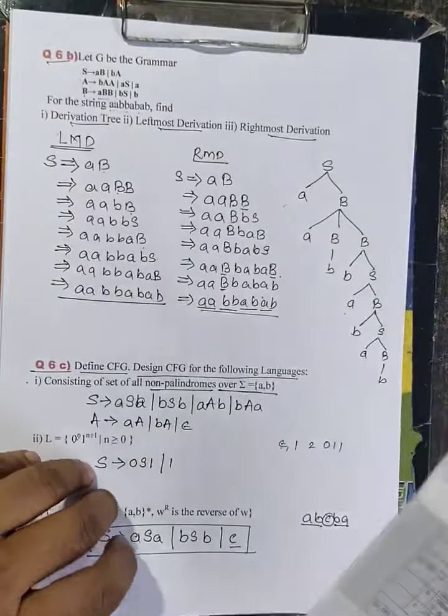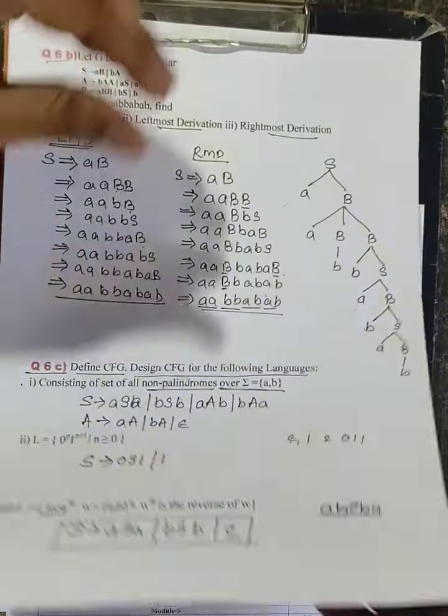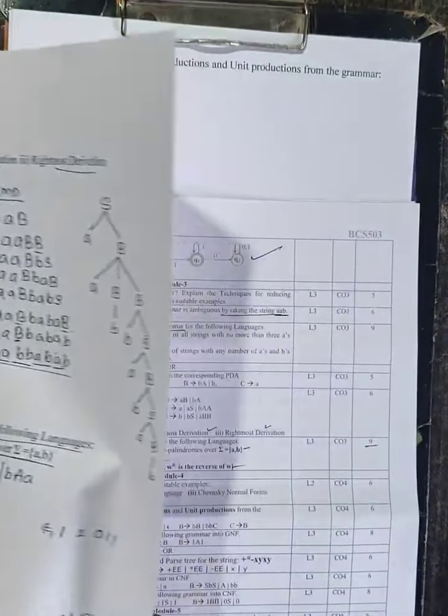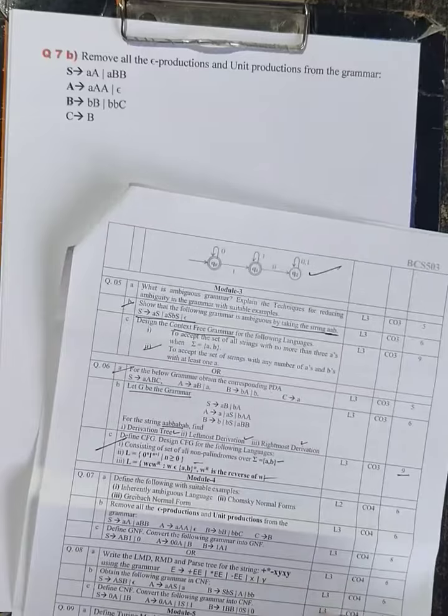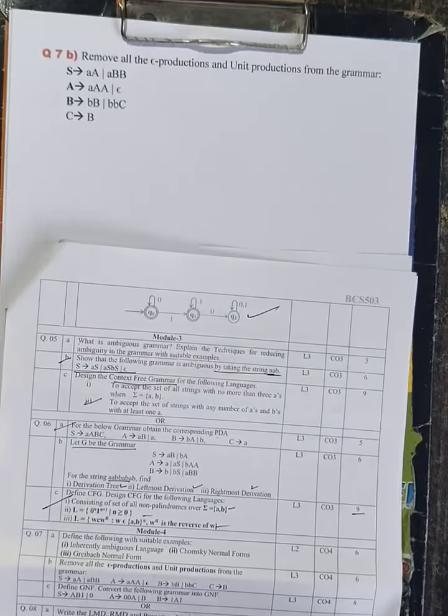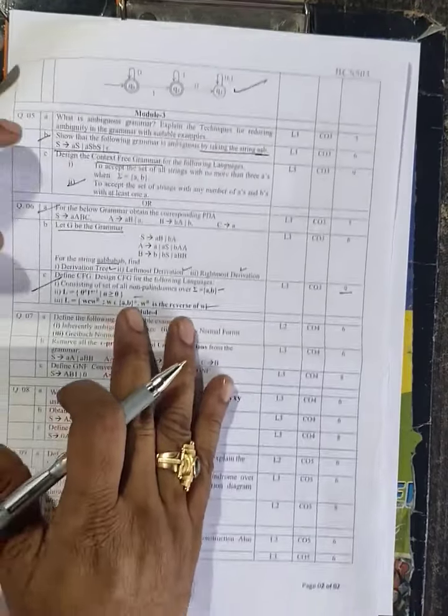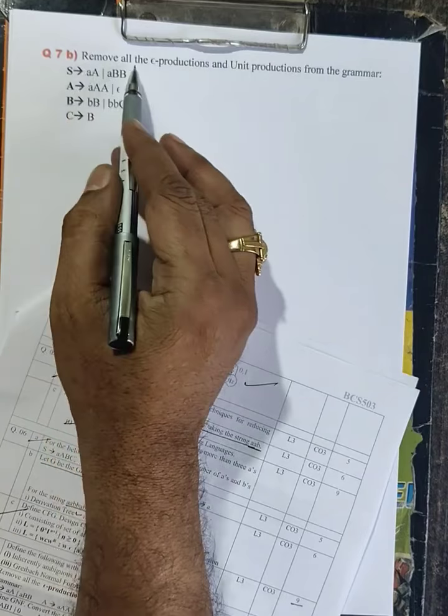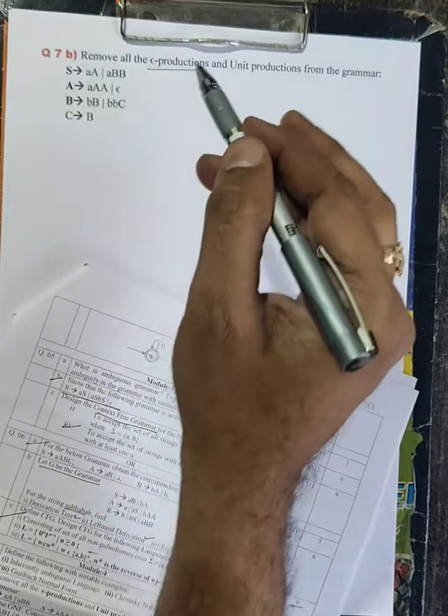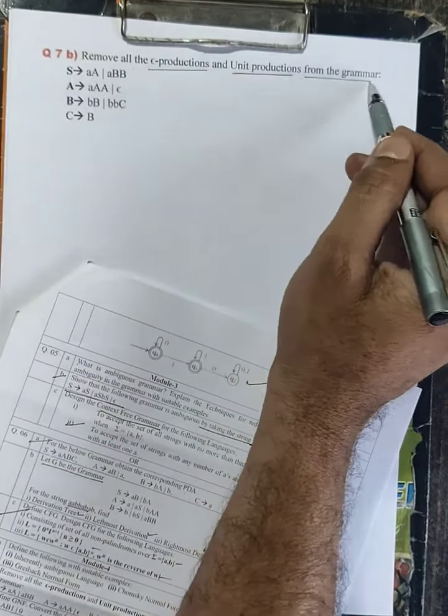Question number 7. Remove all epsilon productions and unit productions from the grammar.